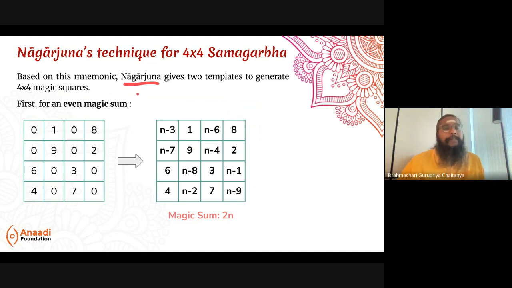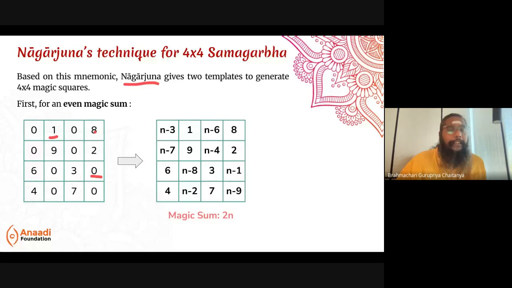What is he saying? There is something called the diagonally across cell. For 1, diagonally across cell would be: diagonally you skip one place and then come here.